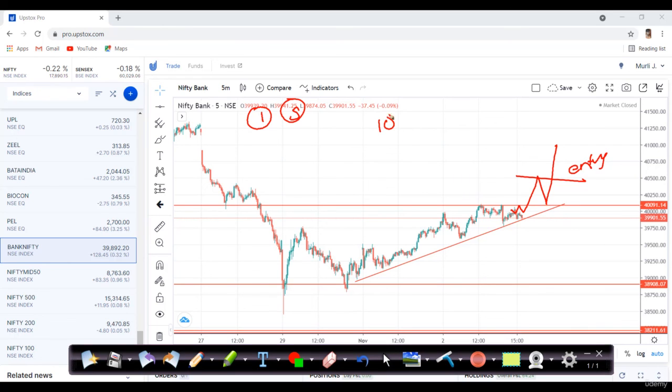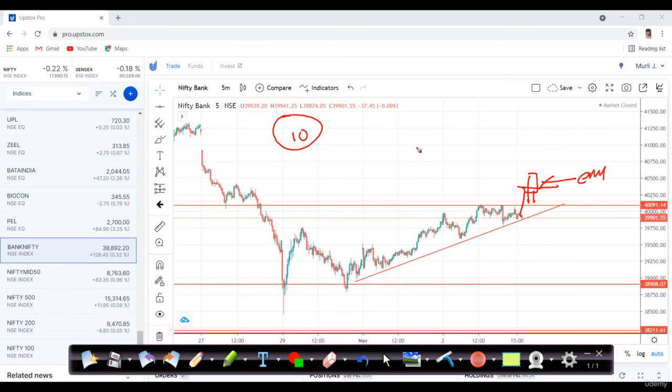But for the 10 minute, what you need to do is, after the breakout, wait for a 10-minute candle to close. If any 10-minute candle closes above this resistance area and the next candle crosses this closing candle, then you need to make an entry.